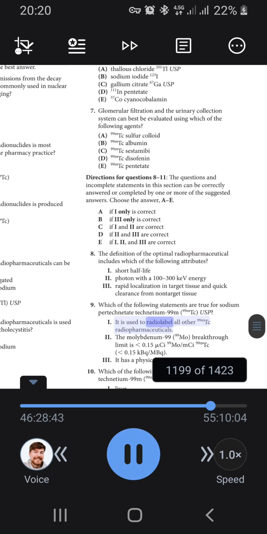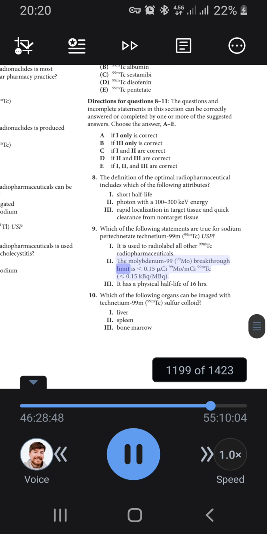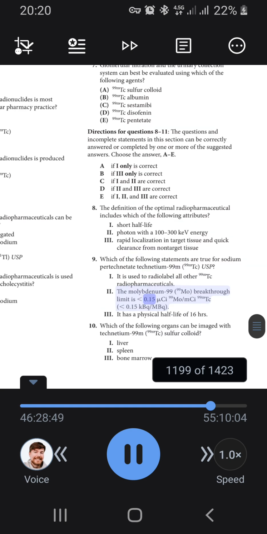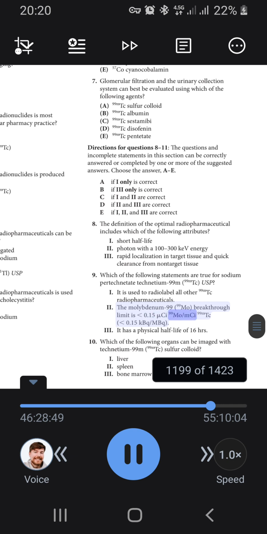It is used to radiolabel all other 99mTc radiopharmaceuticals. II. The molybdenum-99 breakthrough limit is 0.15 µCi 99Mo/mCi 99mTc, 0.15 kBq/MBq. III. It has a physical half-life of 6 hours.